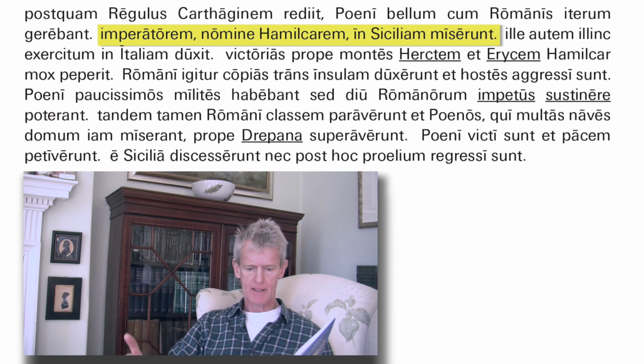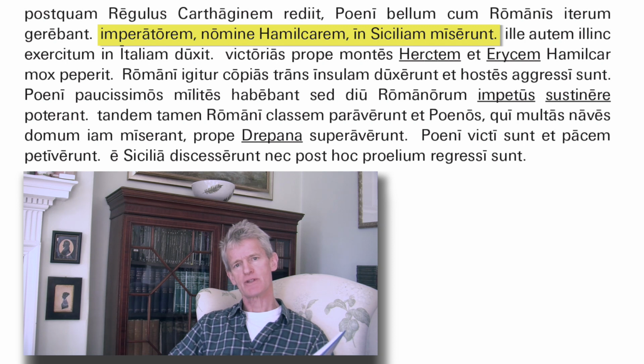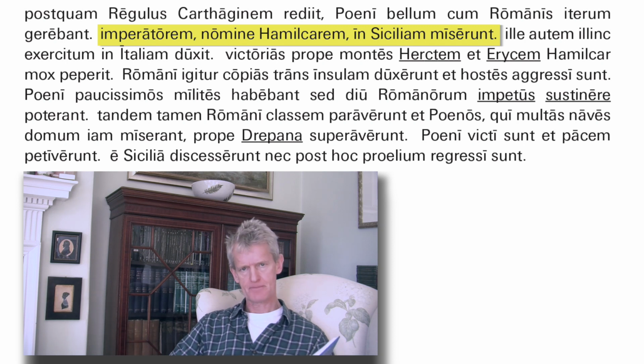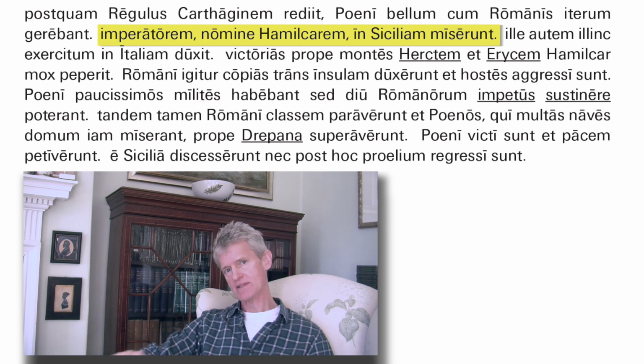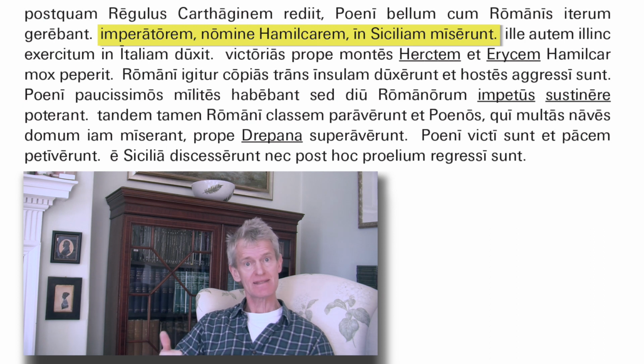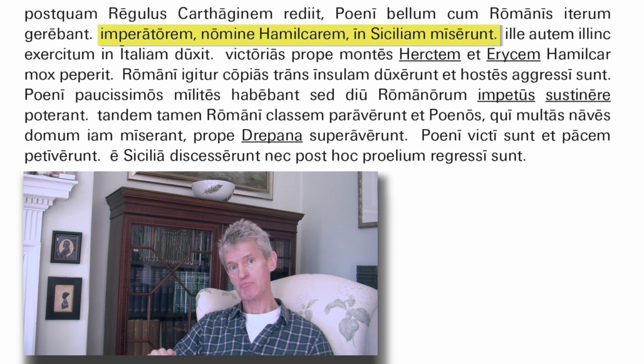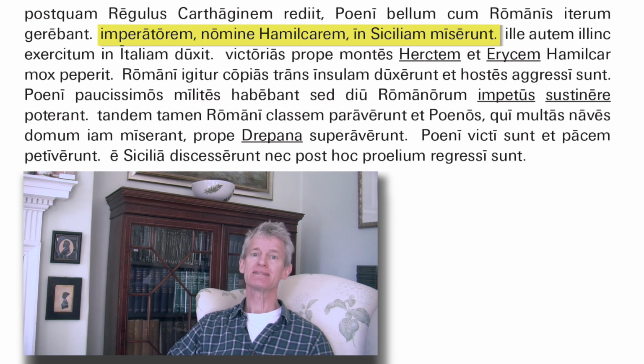We don't want that. So we're going down to miserunt. They sent. Okay, they, or a noun in the nominative plural, and on our way down the sentence we found there was no nominative plural. So, they sent imperatorem, a general, comma, nomine Hamilcarem, named Hamilcar, in Siciliam, into Sicily.